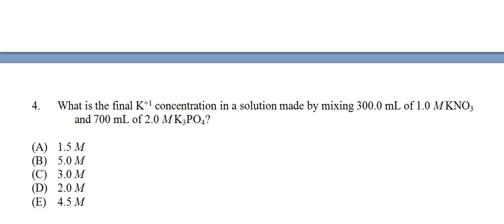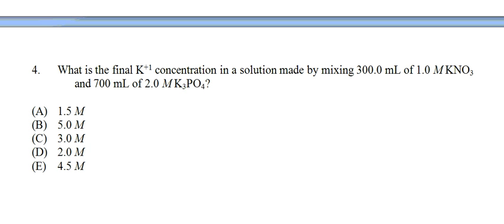Number 4. What is the final potassium concentration in a solution made by mixing 300 milliliters of a 1 molar potassium nitrate and 700 milliliters of a 2 molar potassium phosphate? So we're looking for the final concentration of potassium. If we know our volume and our molarity, let's start with that.